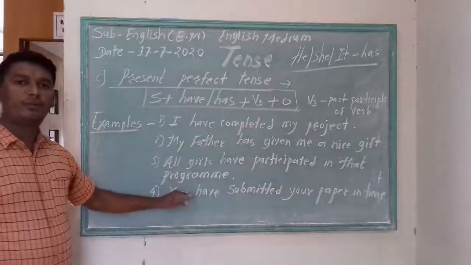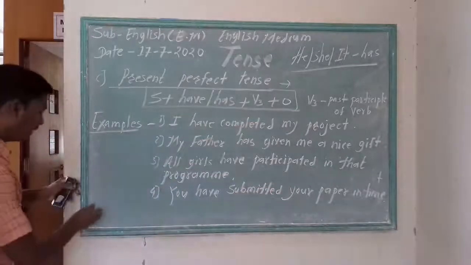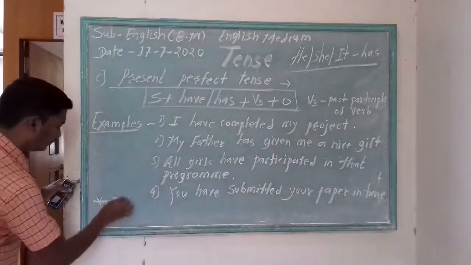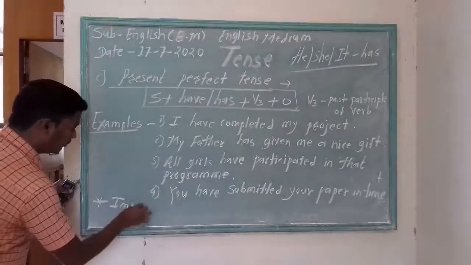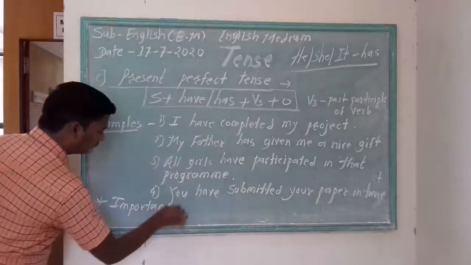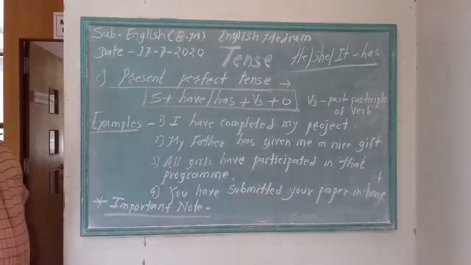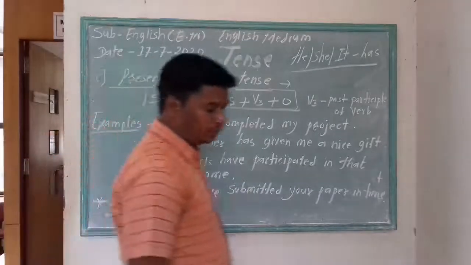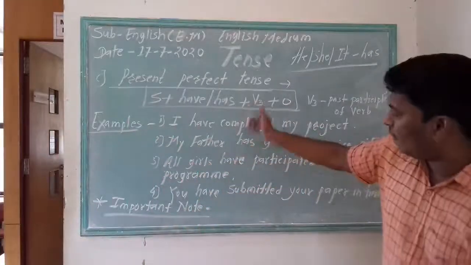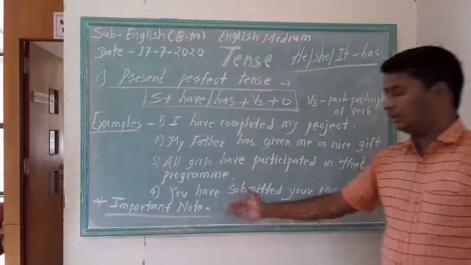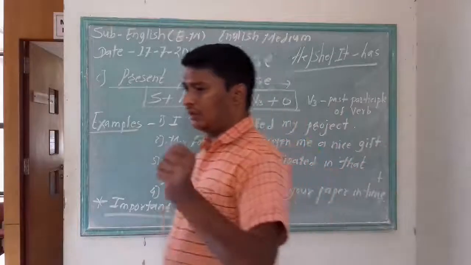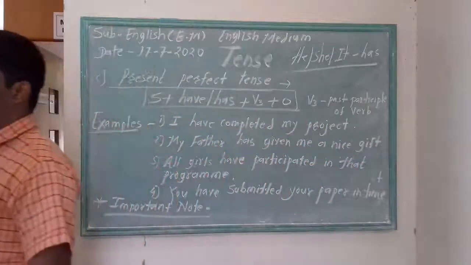After these four examples, write the important note by red pen. If you have written the four examples, then write the important note. Just one important note is there. You should know it properly.